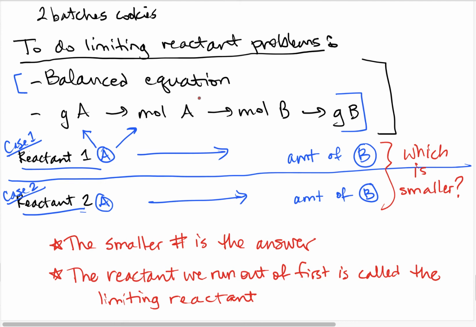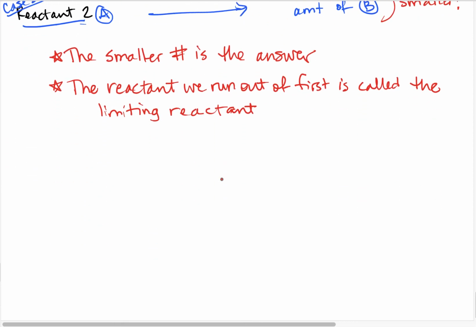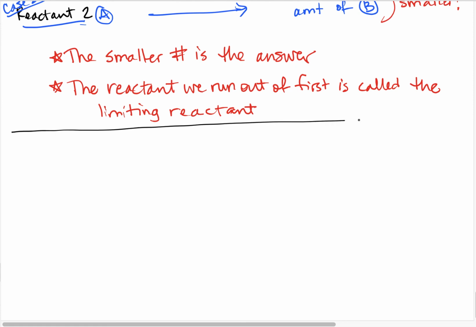Okay, so let's try another example problem for you to get a little more practice. So here's going to be our balanced equation. We have 6 moles of HNO3, which is aqueous. This is called nitric acid. And we're going to react it with metal.